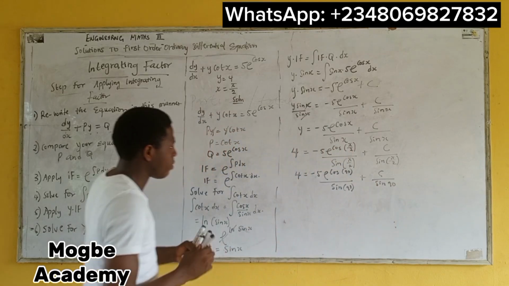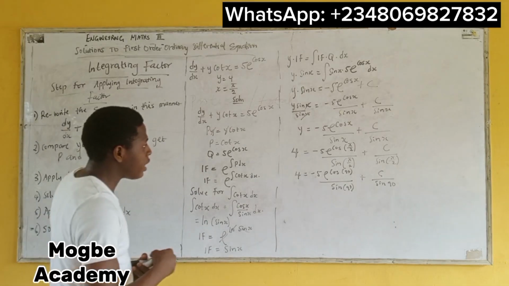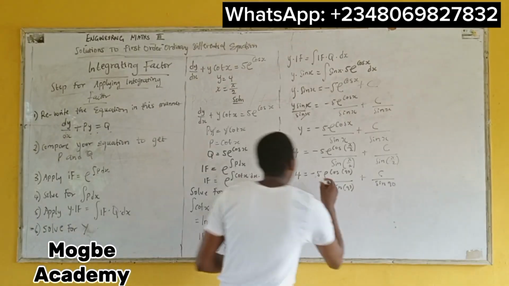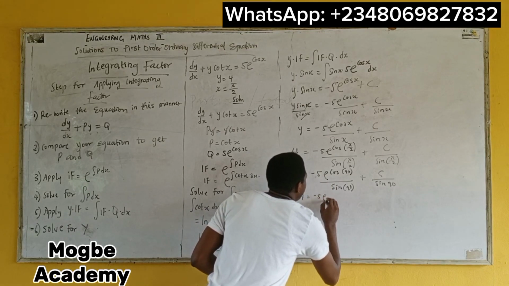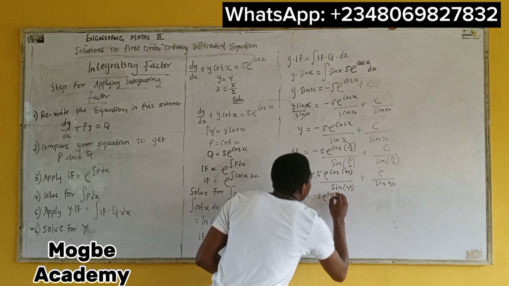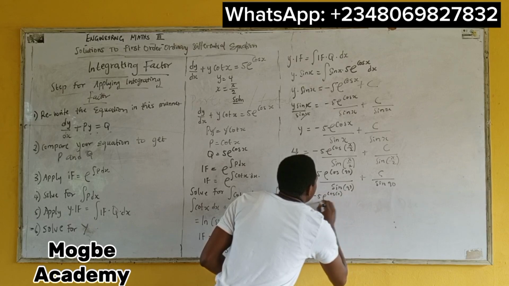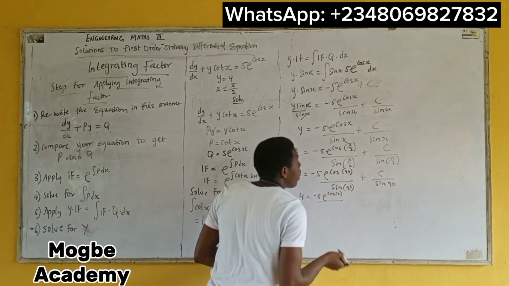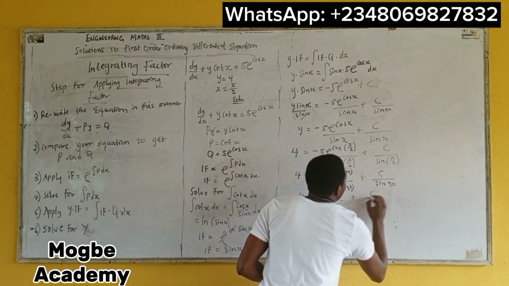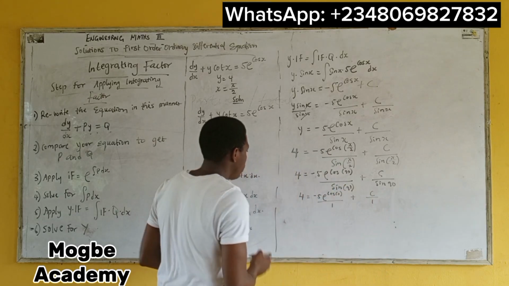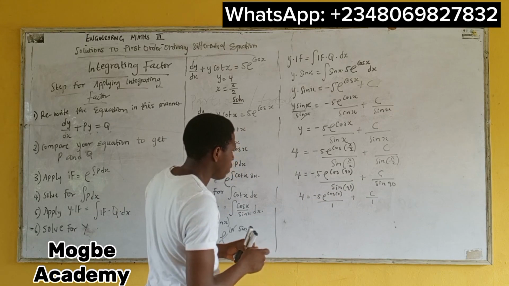We want to get c. But we know that cos 90 is 0. So you have 4 is equal to minus 5 exponential raised to the power of cos 0, divided by sine 90 which is 1, plus c over 1. Sine 90 is 1.